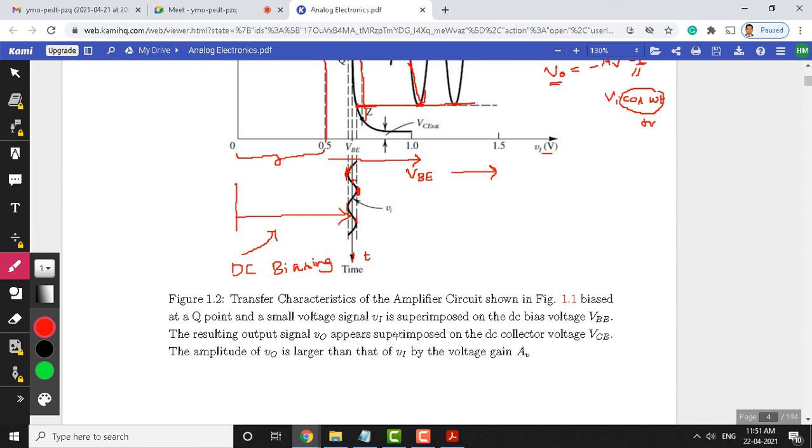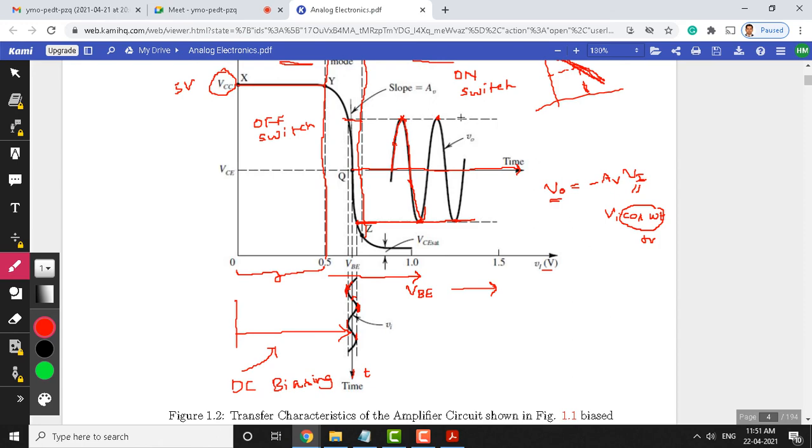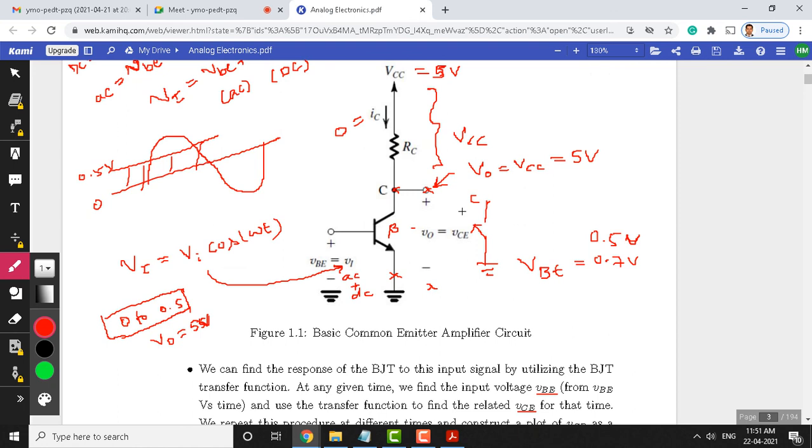So the resulting output signal is superimposed on the DC collector voltage VCE, and what you are seeing here is purely the AC signal. From the circuit point of view, the output signal has two components: the AC collector voltage plus the DC collector voltage, not current here.